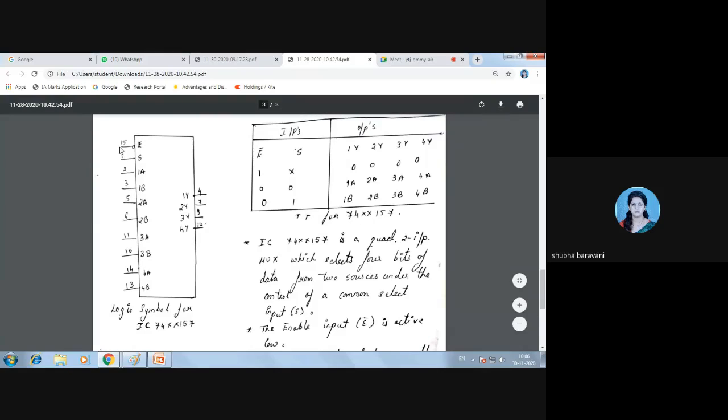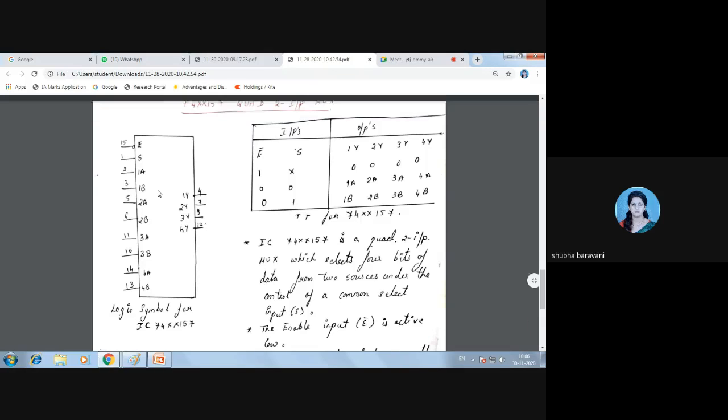You can see pins 1 to 15; these are pin numbers. 1A, 2A, 3A, 4A, 1B, 2B, 3B, 4B are your 8 inputs. 1Y, 2Y, 3Y and 4Y are your 4 outputs.